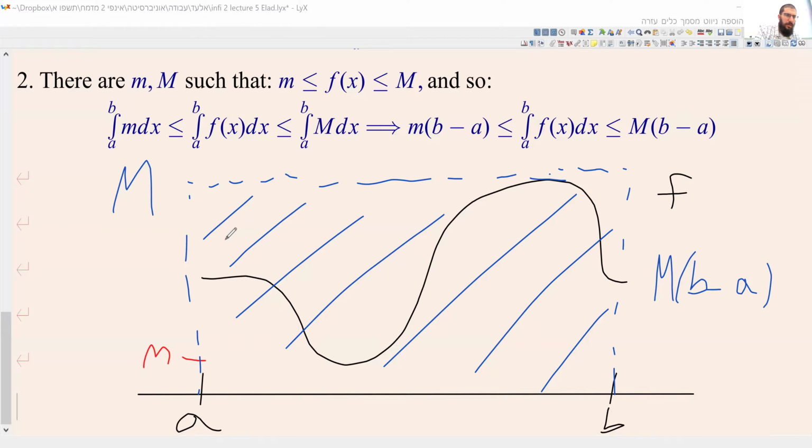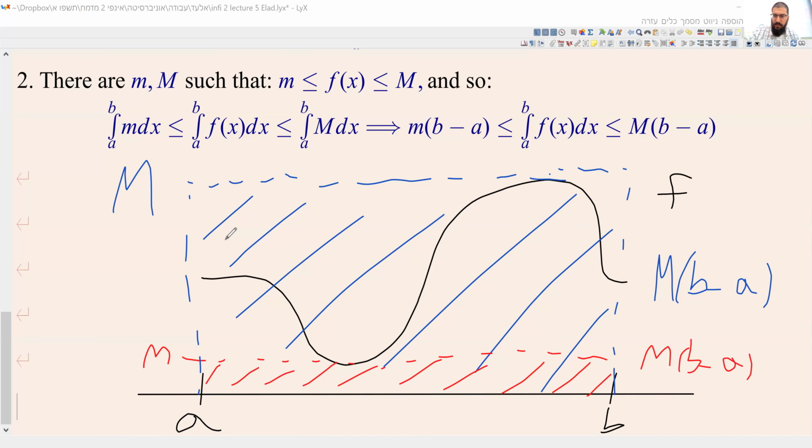And we have the rectangle of small m times B minus A, with this little one down here. It's easy to see that both of them bound the actual area, the integral itself, which is the black one.